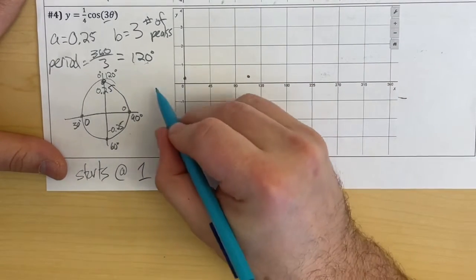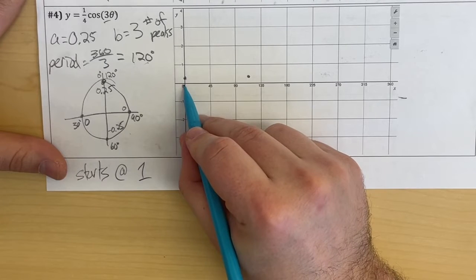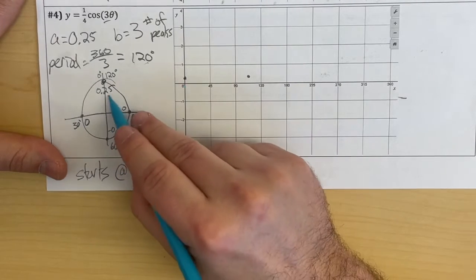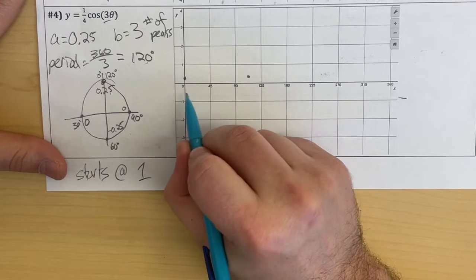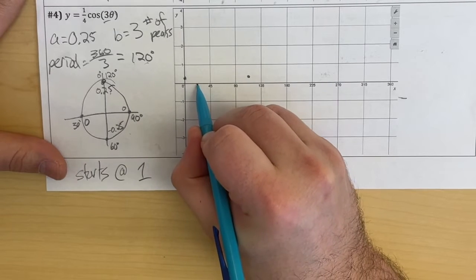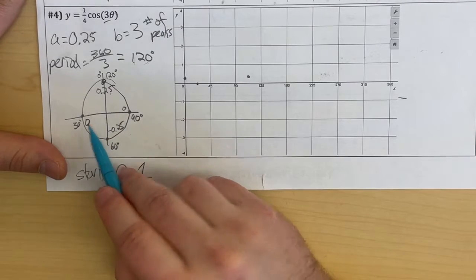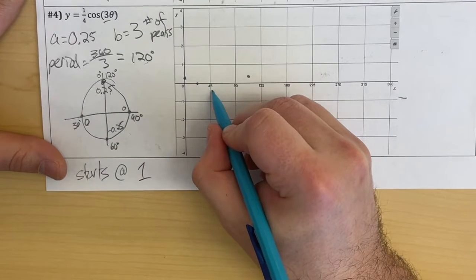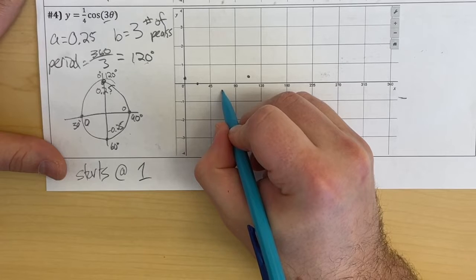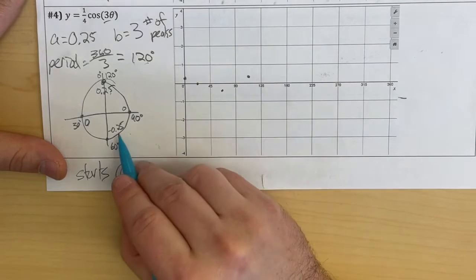So we have 0 and then 0.25. We go down, we have 30 degrees, and the y value is 0, and then we have 60 degrees, which is going to be negative 0.25.